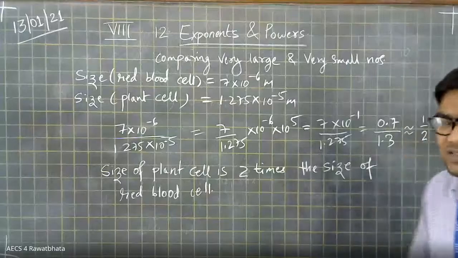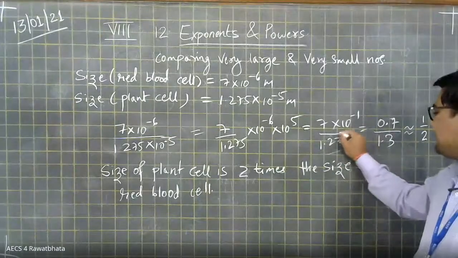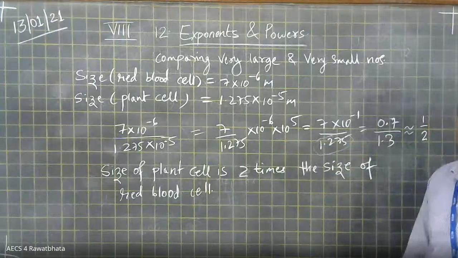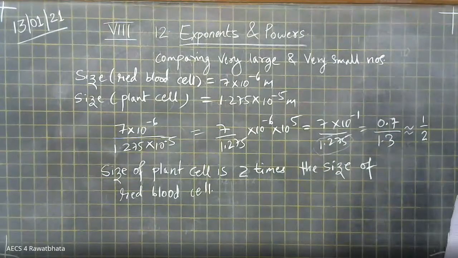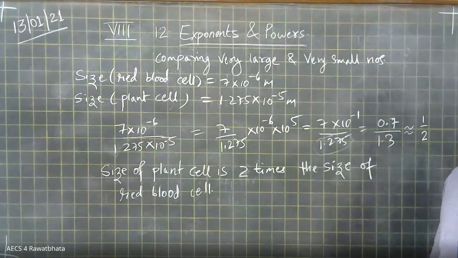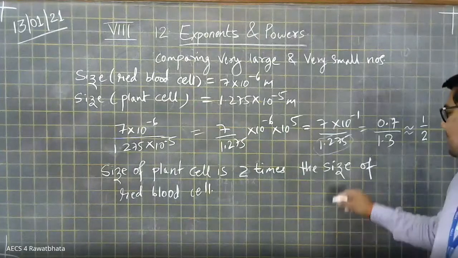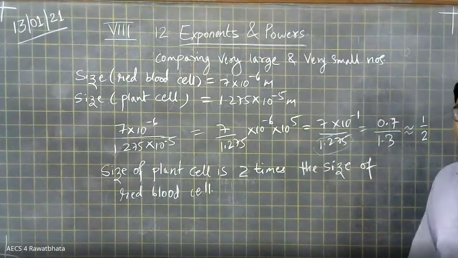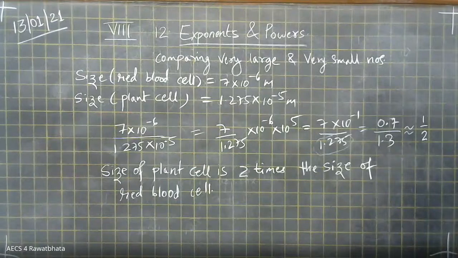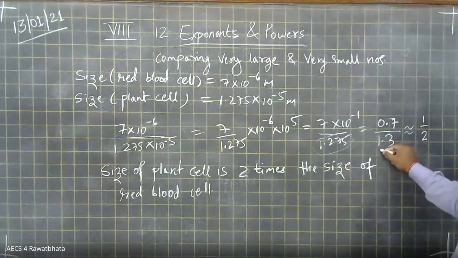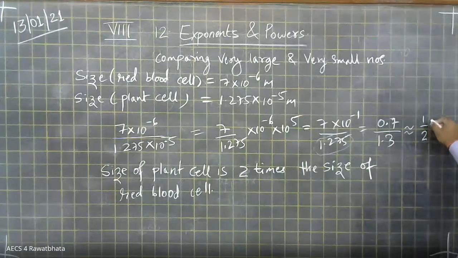Okay, sir, how is it 1.3 there? This is 1.275. When we round it off to the nearest tenth, we get it as 1.3. And 7 into 2 is 14, so this is nearly equal to 1 upon 2.